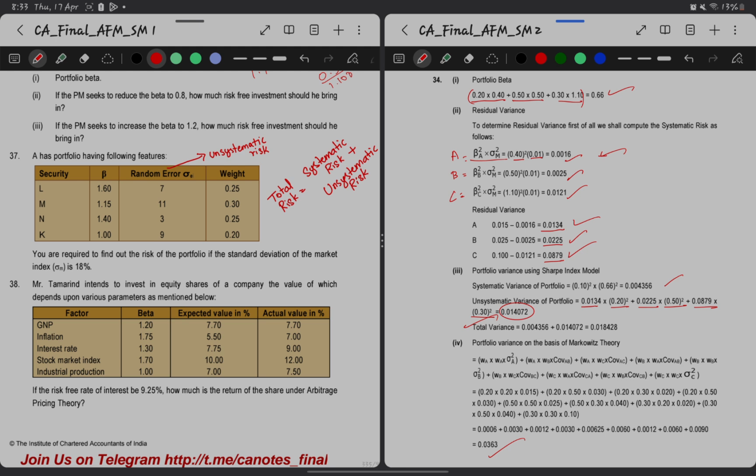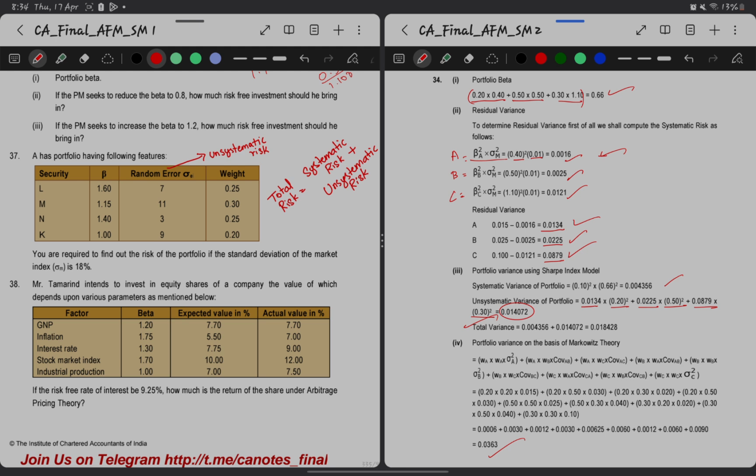So if beta is given, then we can take the weighted average of beta and find out the systematic risk of the portfolio separately, and the unsystematic portion can be directly calculated by adding the variances of the securities in the portfolio, and then adding both will give us the total variance.